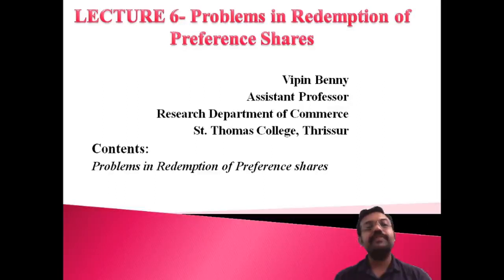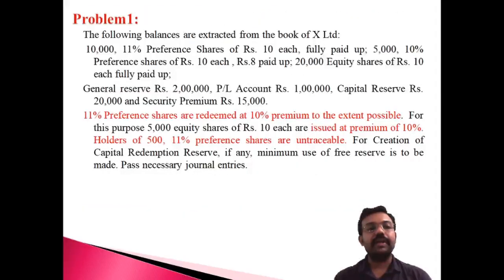Let's move into the first problem. The following balances are extracted from the books of X Limited: 10,000 11% preference shares of rupees 10 each fully paid, 5,000 10% preference shares of rupees 10 each, rupees 8 paid, and 20,000 equity shares of rupees 10 each fully paid. The general reserve is rupees 2 lakh, profit and loss account is 1 lakh, capital reserve is 20,000, and securities premium is 15,000.